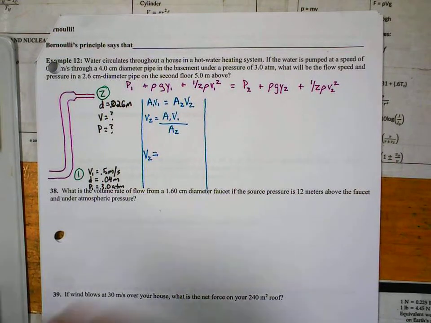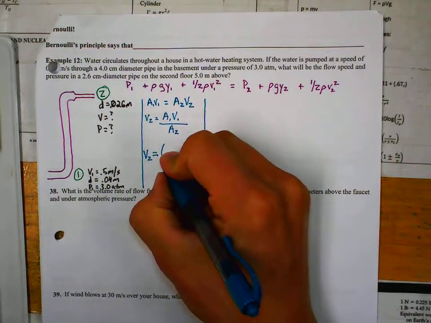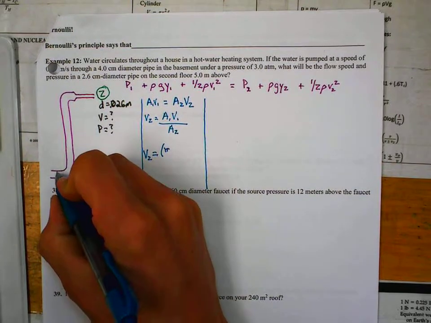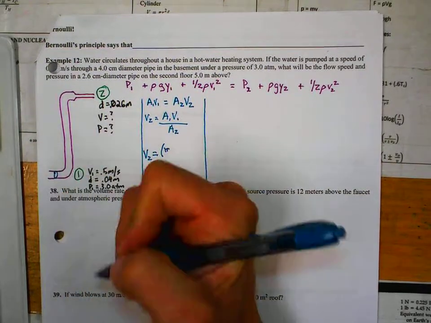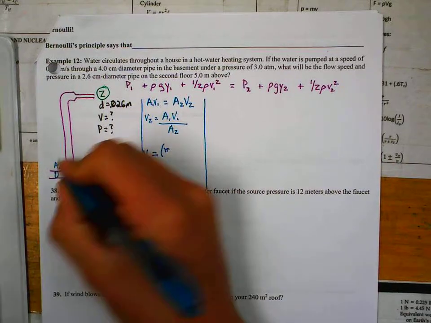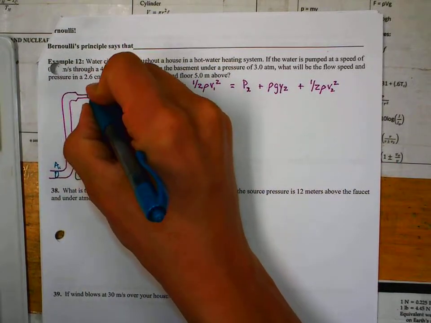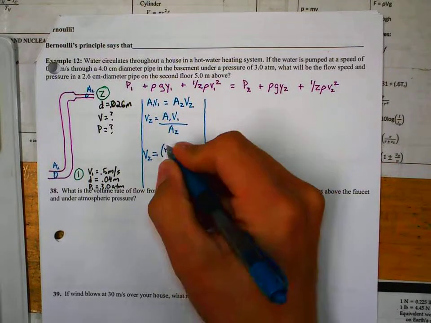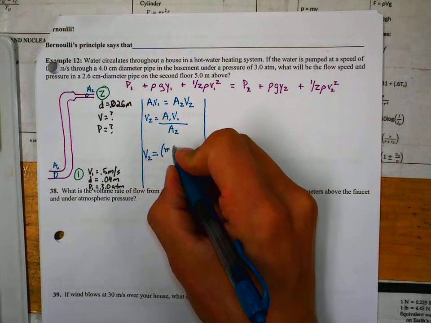So area 1, we're going to do pi r squared. So pi, that's the cross-sectional area of this pipe. That's A1 right there. This is A2 right there. So pi, and then our radius is 0.02.